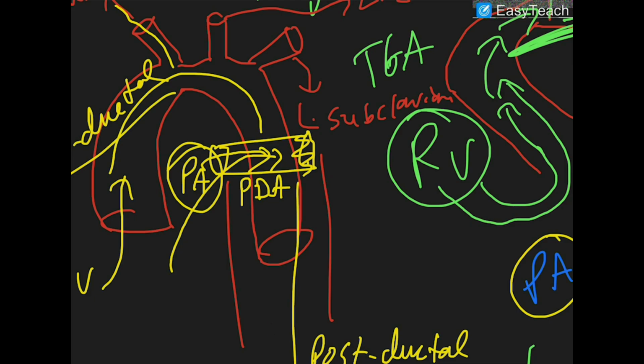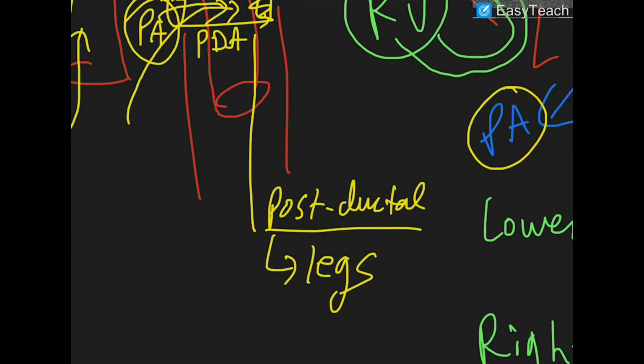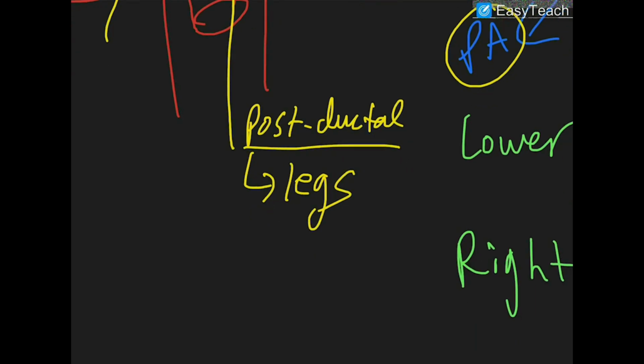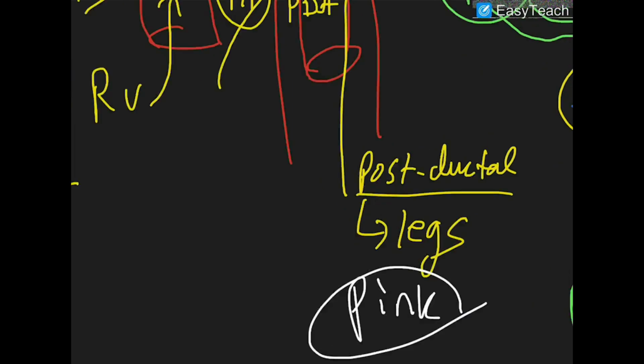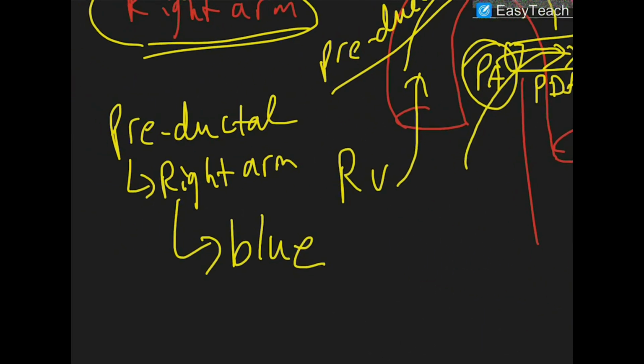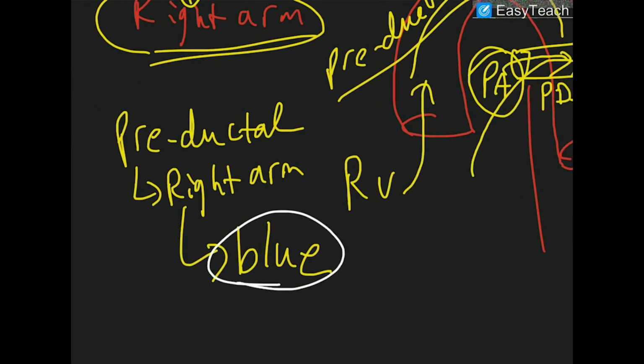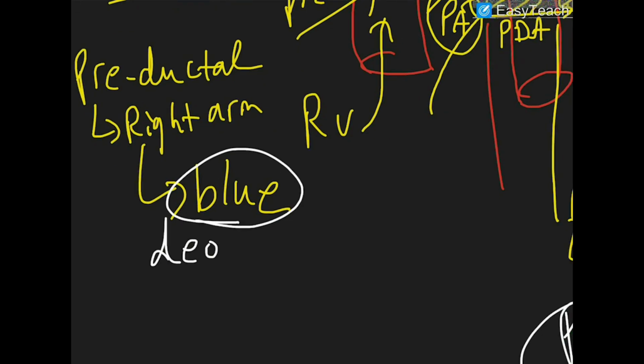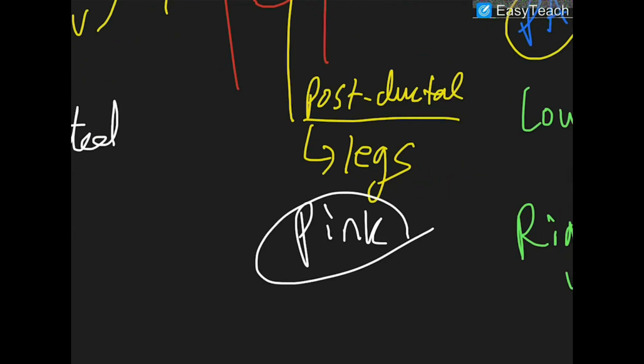And where does the descending aorta supply blood? To the legs. So the legs will look pink. I'm writing pink with the blue color, so I'll just write it in white. So the legs will look pink, while the right arm, depicted as preductal, will look blue. This indicates deoxygenated blood, and this indicates oxygenated blood.